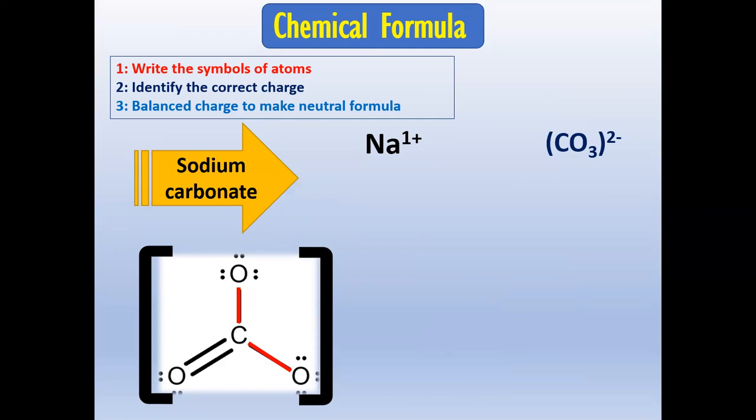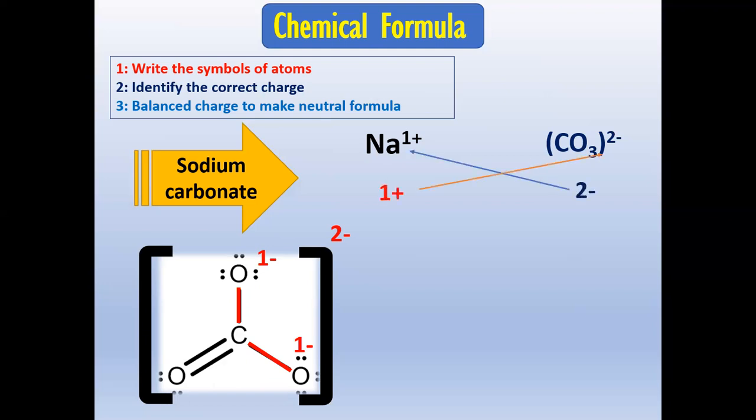So 2 bonds with 1 oxygen will satisfy it, while 1 bond each with the second and third oxygen means they will get 1 negative charge. So overall, carbonate will contain 2 negative charges, so the oxidation state of the carbonate will be -2.